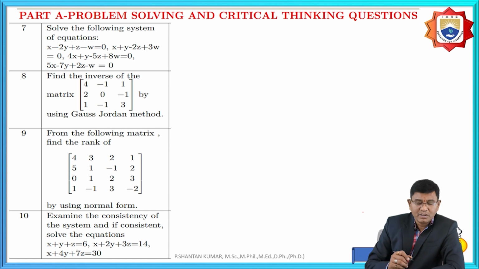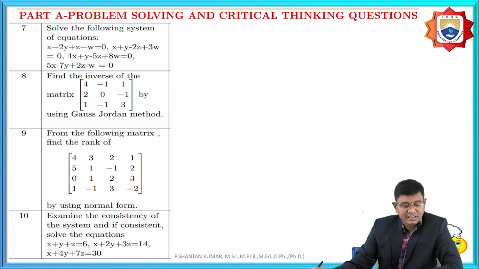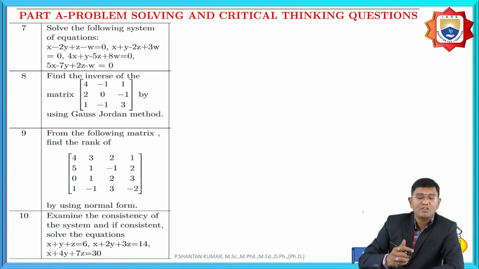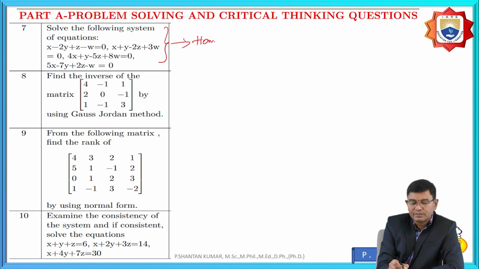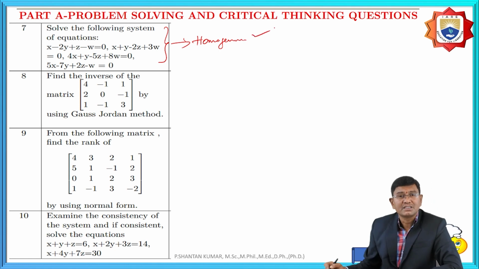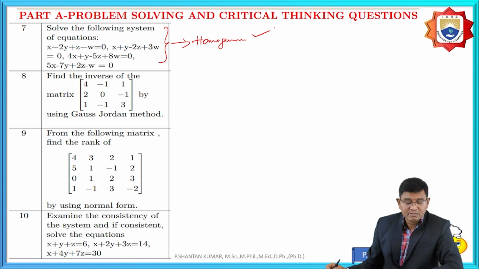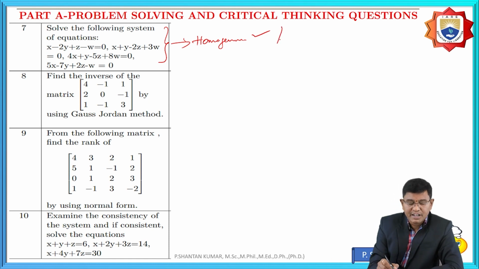Next one, solving the system of linear equations. While observing this problem, it is clearly a homogeneous system, because there are no constant terms. Here we need to find the solutions according to the condition, whether the determinant of A is equal to 0 or not equal to 0.